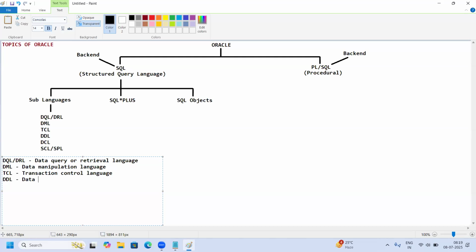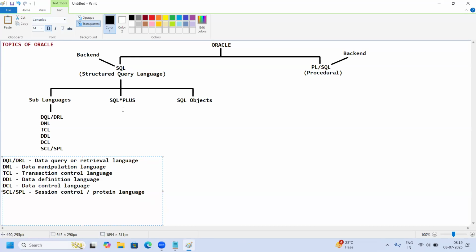DDL, data definition language. DCL, data control language. And finally, SCL or SPL, session control or protein language. Yes, these are our 6 languages.